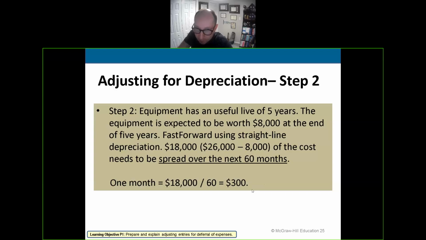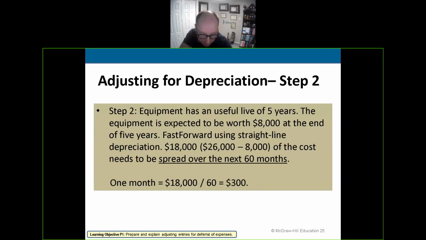For December 31, I make an adjusting journal entry. I debit depreciation expense $300, to recognize the depreciation for the 1 month. And I credit an account called accumulated depreciation.